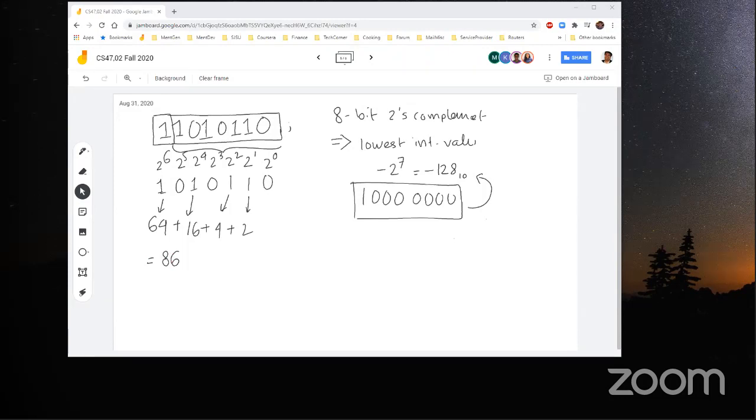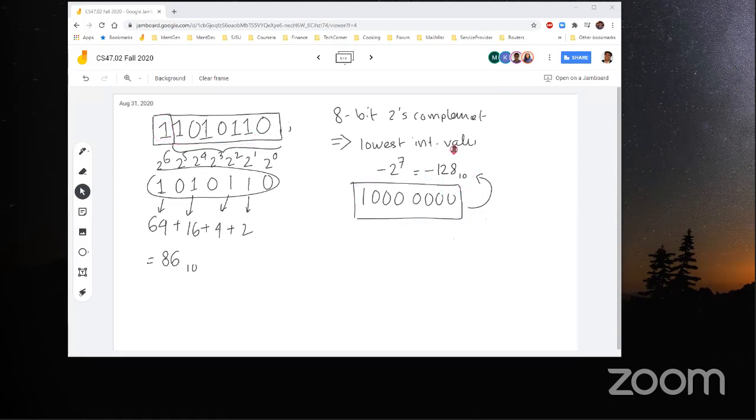Now, this part represents 86. The other part, the leading 1 with the rest 0s, is minus 128.